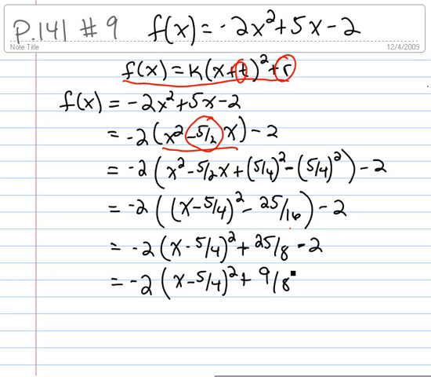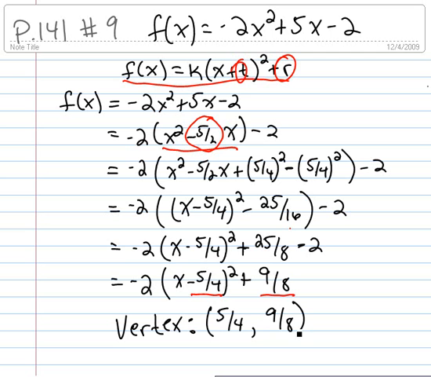And now we have our vertex. The x term is given by this value. So the x value for the vertex is 5 fourths, and the y term is given by this value. So 9 eighths. Okay?